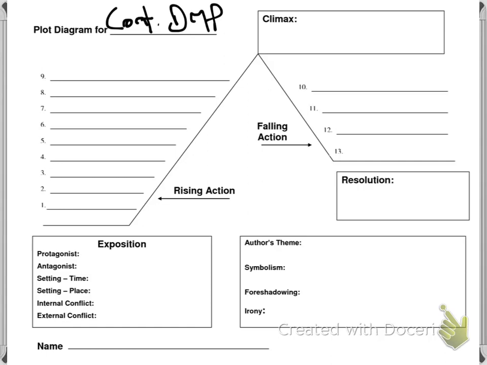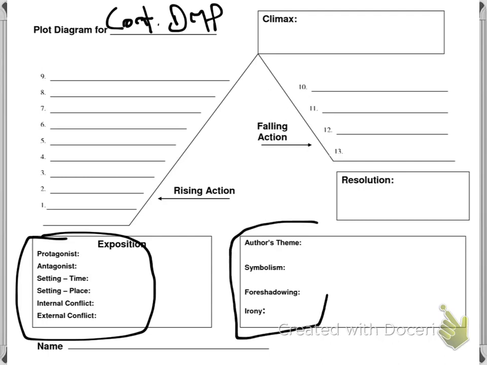The exposition is where they give you all the main information, who the protagonist, antagonist, setting, internal and external conflict, and we will go over that shortly. And then by the resolution, you should understand the author's theme and whether they have any type of figurative language in there. So we'll be dealing with that shortly.